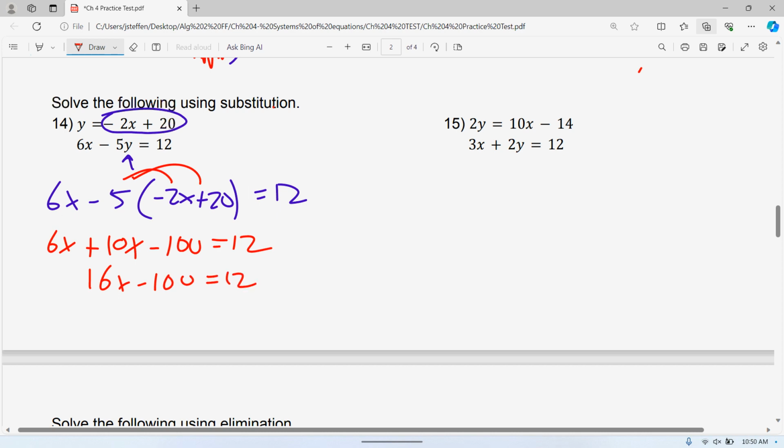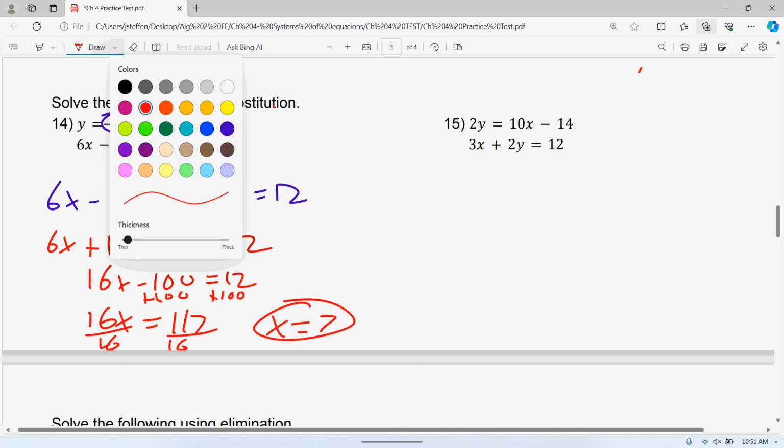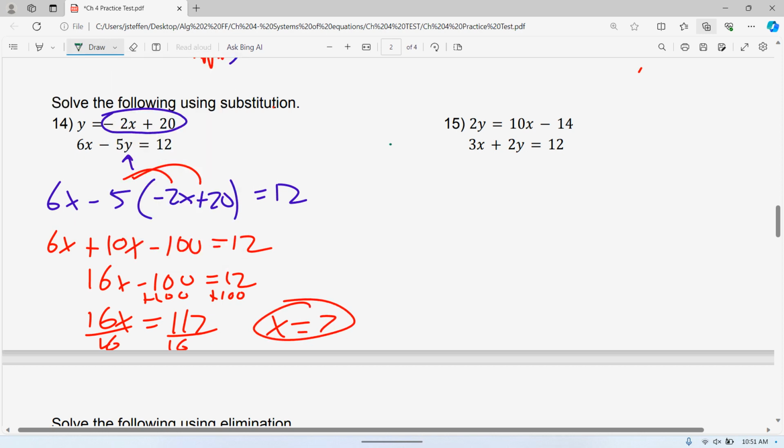Combine your like terms. I wrote it down. I get my x is equal to this one, but it doesn't matter.